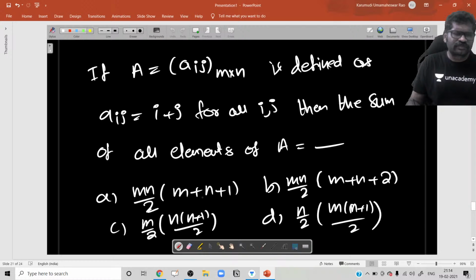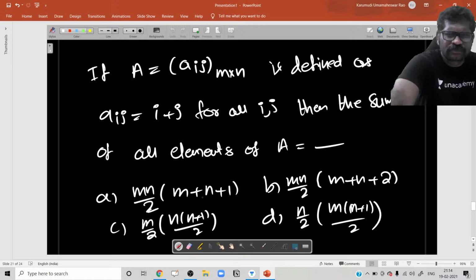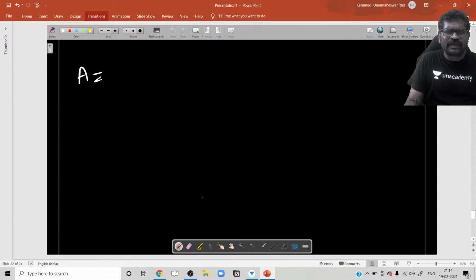Now, with the help of options, we can solve this problem very easily. Suppose if you would like to solve by the conventional approach, you can solve like this. A is equal to m cross n, M rows, n columns.